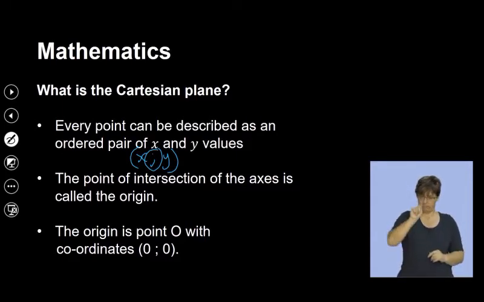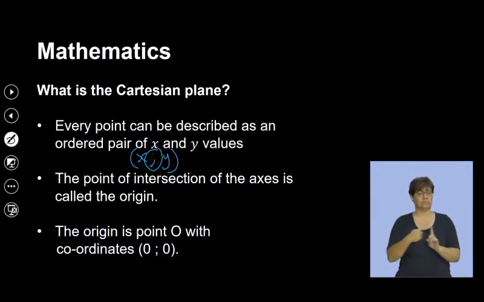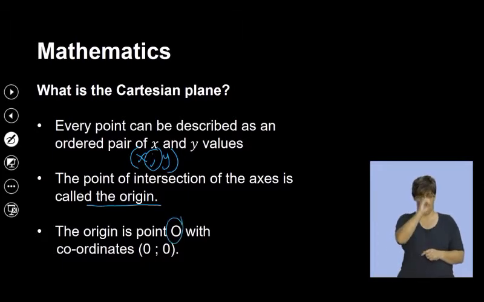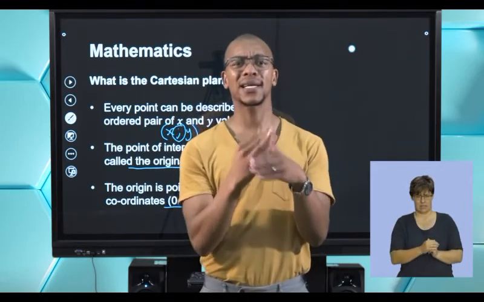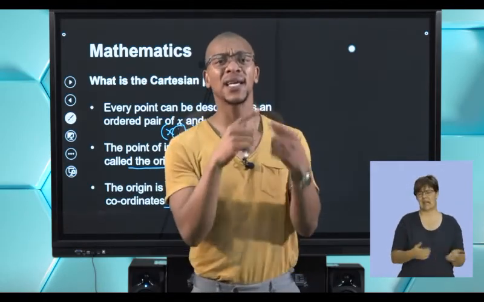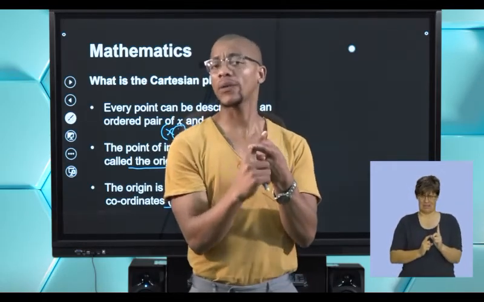So the point of intersection of these axes, remember we said, is called the origin, which is where everything starts. The origin is the point O. We normally label it with just O, O for origin. And the coordinates are normally 0 and 0. Now, I've seen people draw their Cartesian planes and put 1 on the origin, or 3.